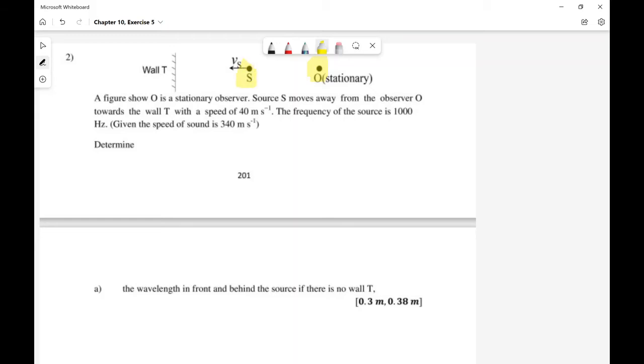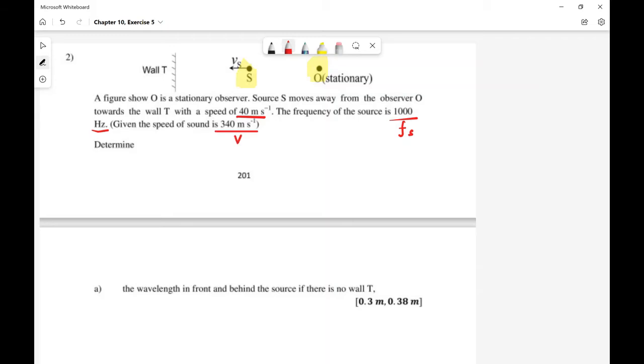Source S moves away from the observer towards the wall T with a speed of 40 meter per second. The frequency of the source is 1000 Hz. Ini adalah real frequency Fs produced by the source. And given the speed of sound, 340 meter per second.